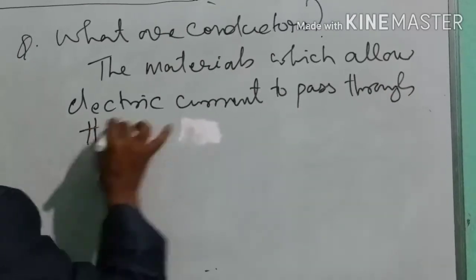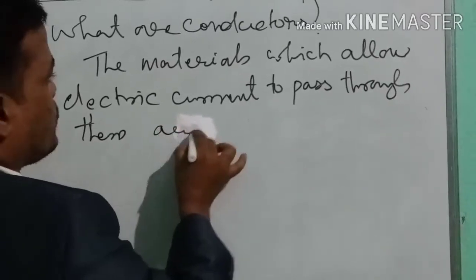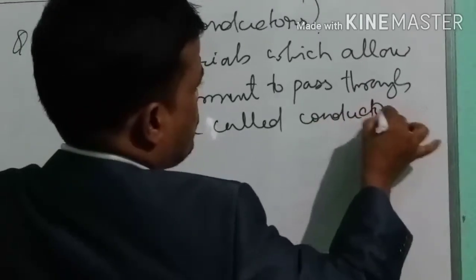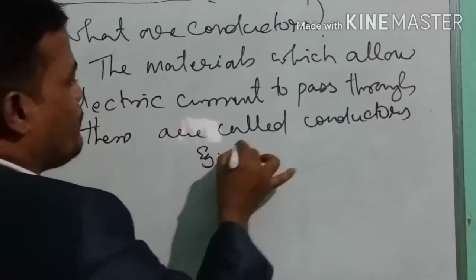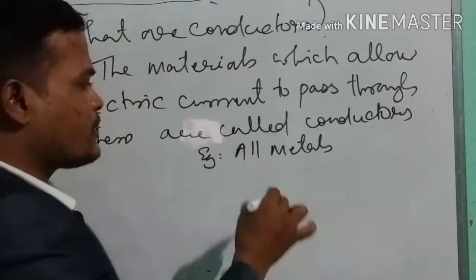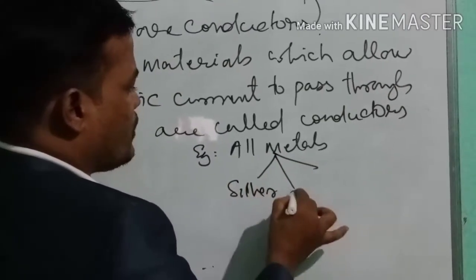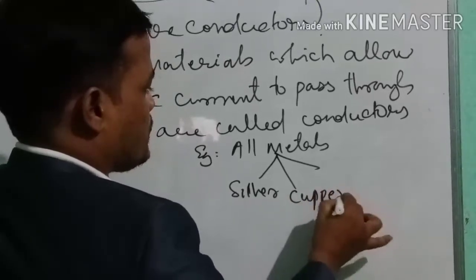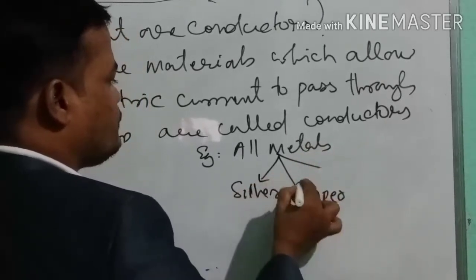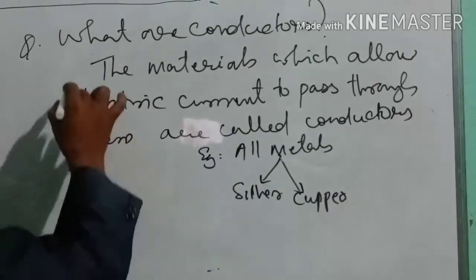The materials which allow electric current to pass through them are called conductors. Example: all metals. Some metals are used as conductors of electricity in electrical wire. These are, you know, silver, copper. These are used for the conduction of electric current, and these materials are called conductors.